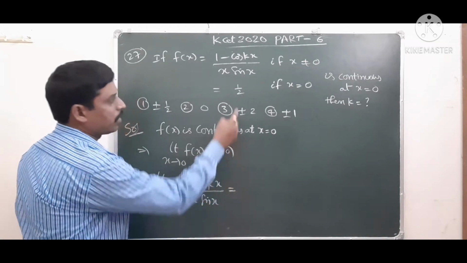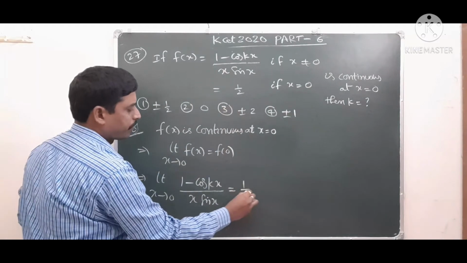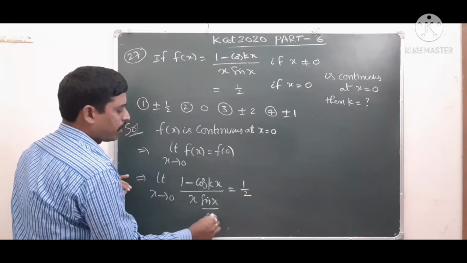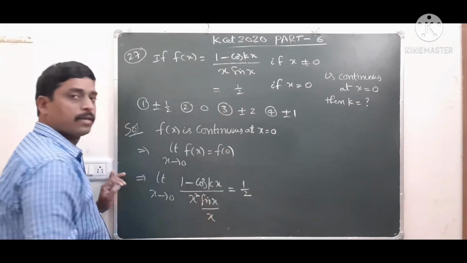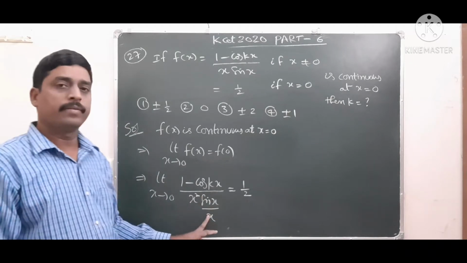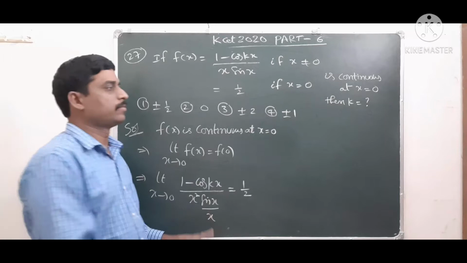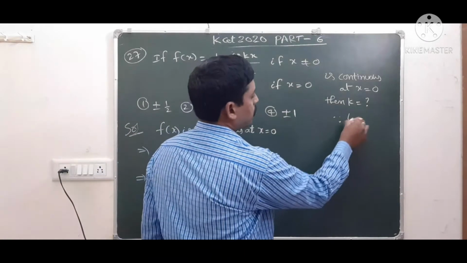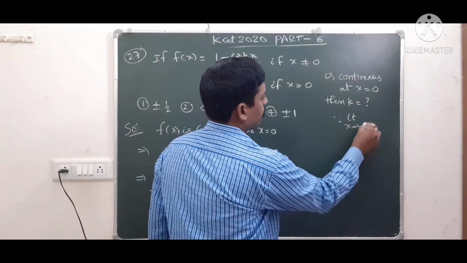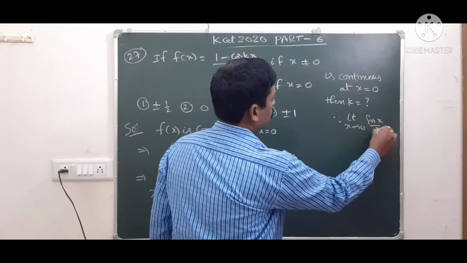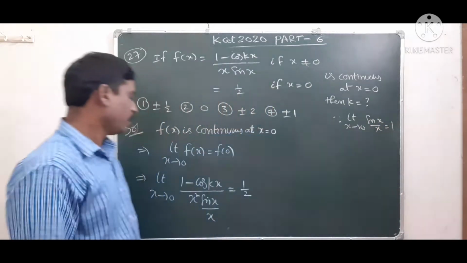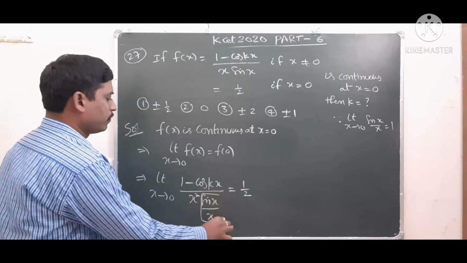F of 0 is given as 1 by 2. So divide and multiply by x. Sin x by x has value 1, since limit x tends to 0 of sin x by x is equal to 1.